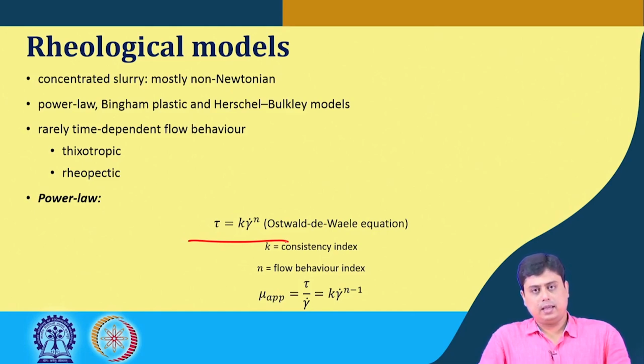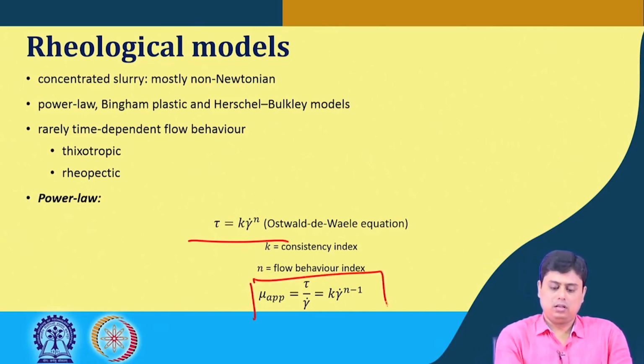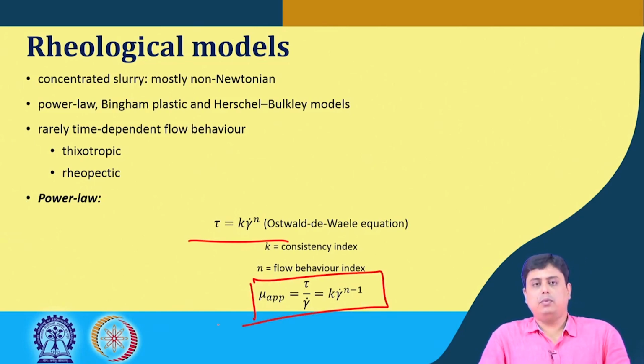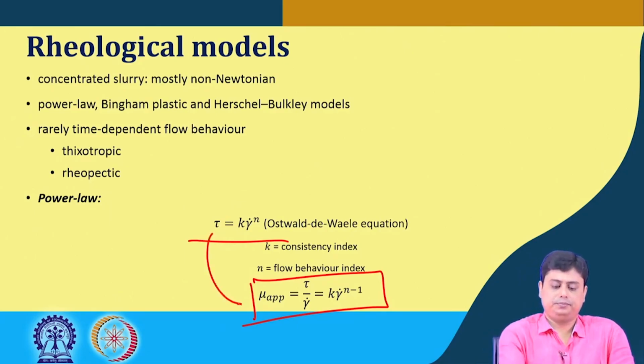Since in this case the viscosity is not constant, because it varies with the shear rate, the terminology of absolute viscosity becomes insufficient or meaningless. That is why in non-Newtonian fluids we call it apparent viscosity. At a certain shear rate, this expression provides mu apparent, the apparent viscosity, which we can obtain from this relation.